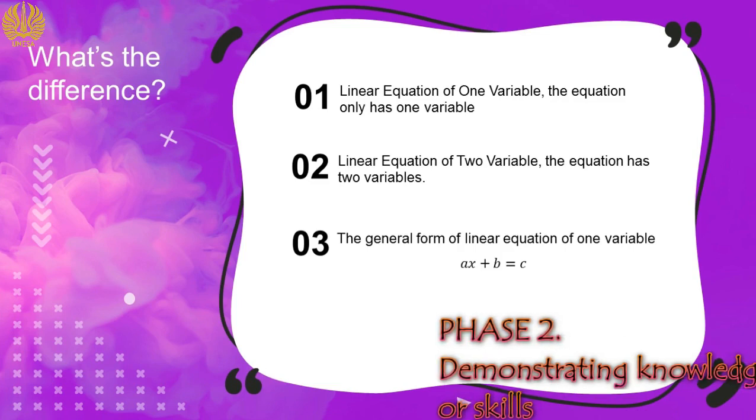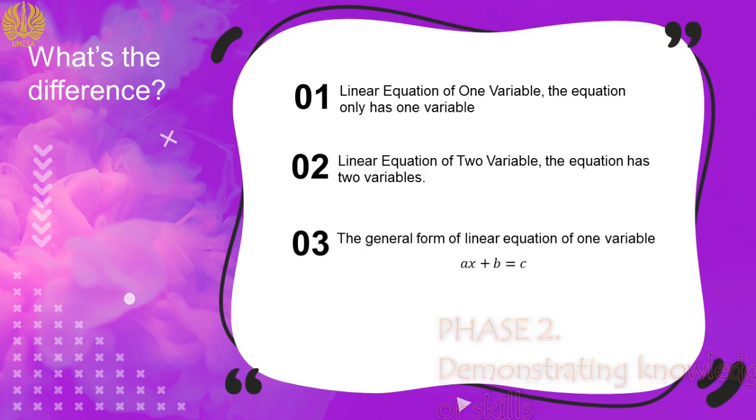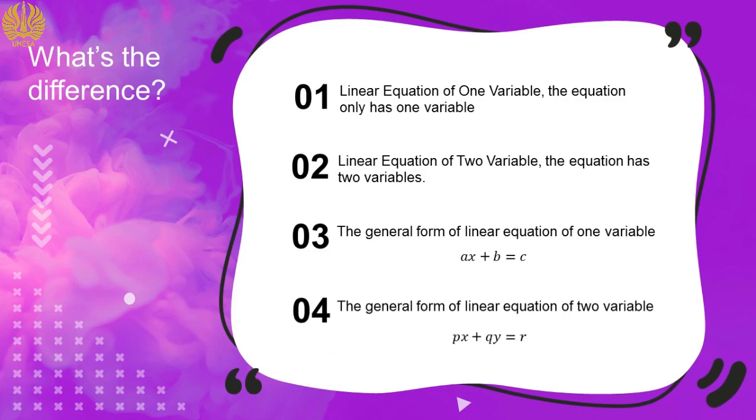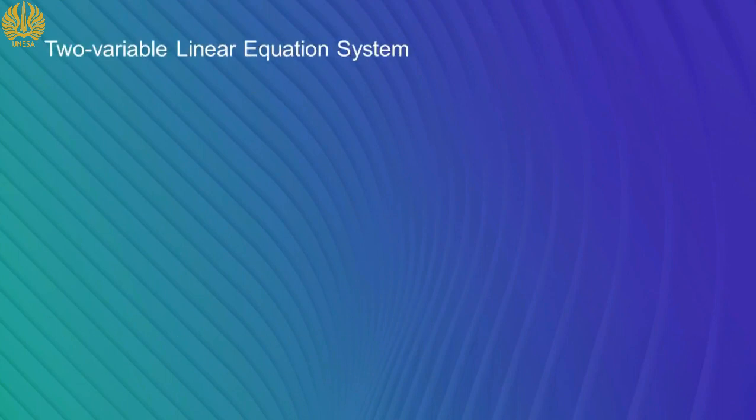The general form of a linear equation of 1 variable is ax plus b is equal to c, but the linear equation of 2 variables has the general form px plus qy is equal to r. Okay, do you understand? Now we will learn about the two-variable linear equation system.